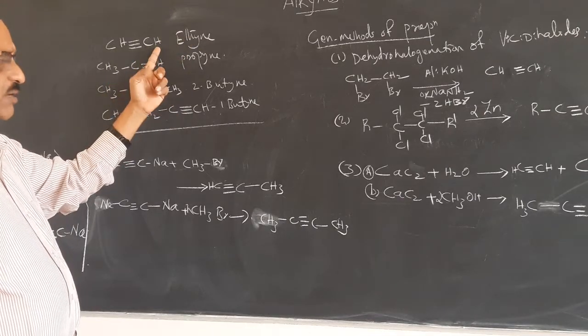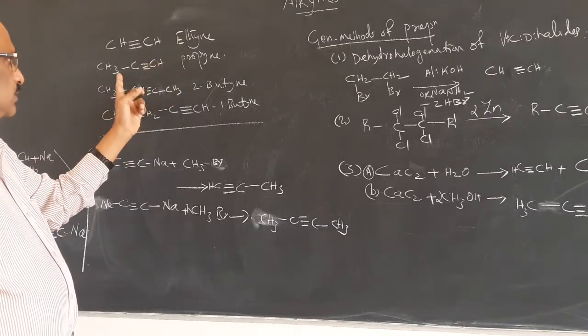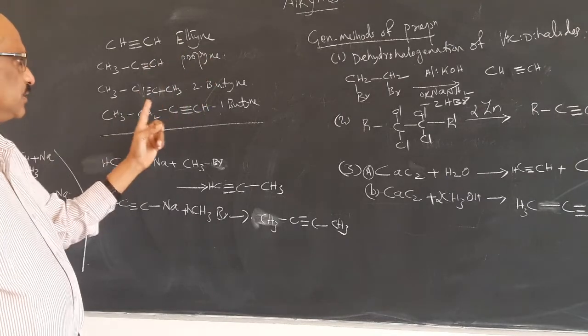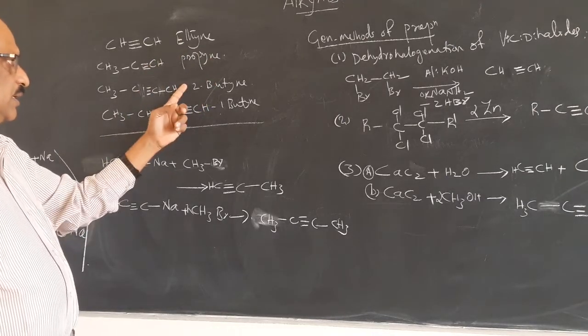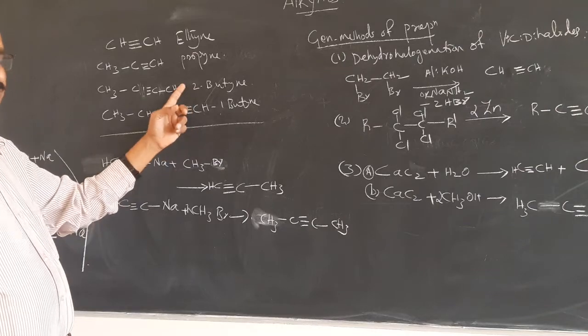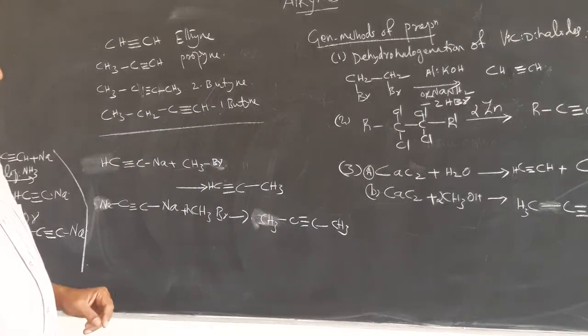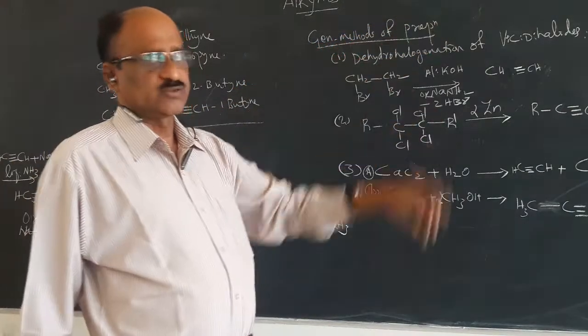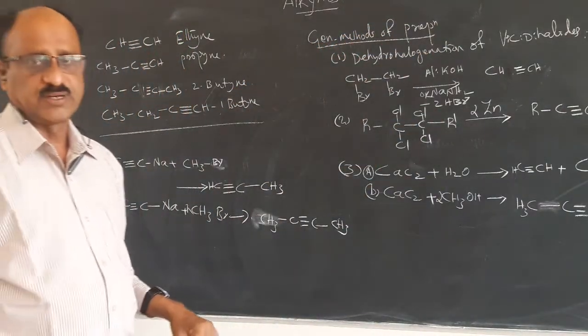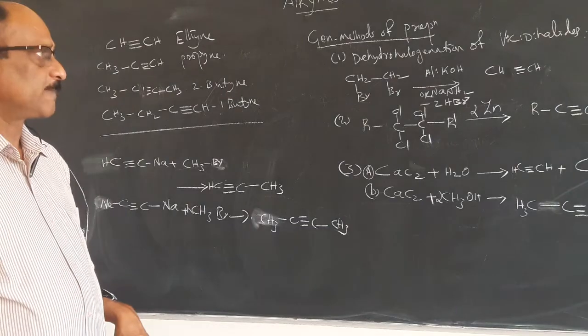Two carbon atoms, ethine; 3 carbon atoms, propine; 4 carbon atoms, you can give 2 names, that is 1 butyne and 2 butyne. So the general formula is CnH2n minus 2.